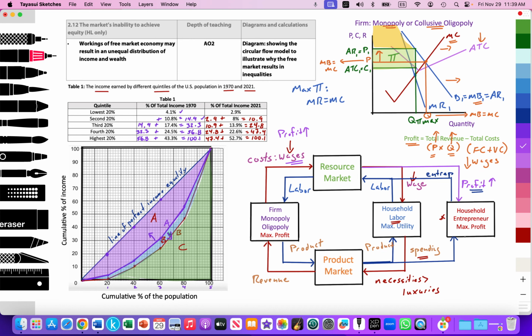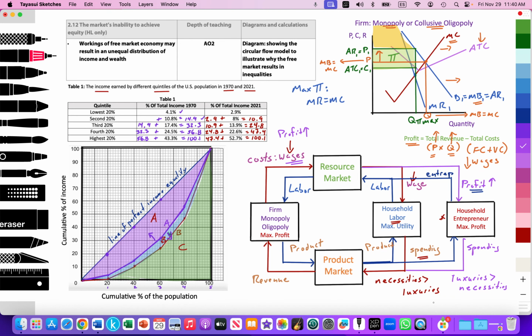So here we see the spending coming out from the household that is run by the entrepreneur. And we would notice that for the household that is maximizing profit, generating more profit at the expense of falling wages as they run their company, we would see in this case their spending on luxuries would be much greater than their spending on necessities.